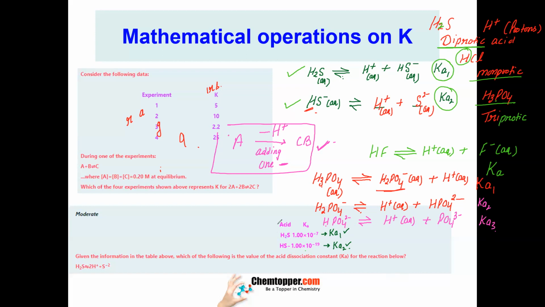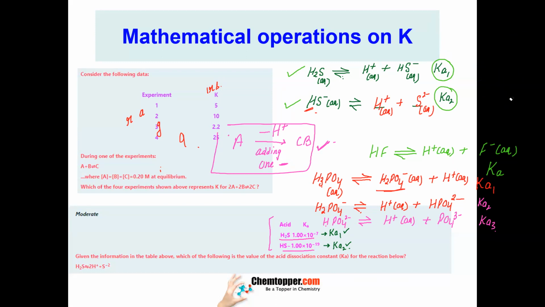Now let's come back to this question again. Can you look at the Ka1 and Ka2 values? Please, children, when you are making notes during the class, you have to leave gaps. Sometimes I start writing, I can erase and create space for writing again, but you won't be able to erase.